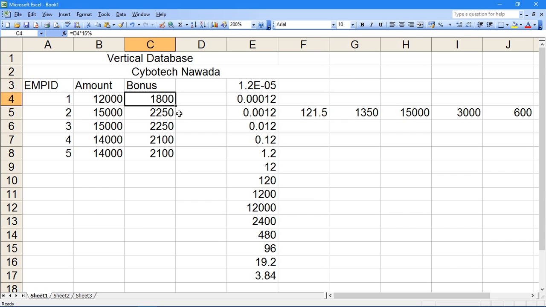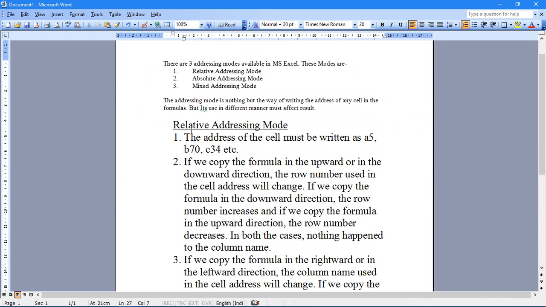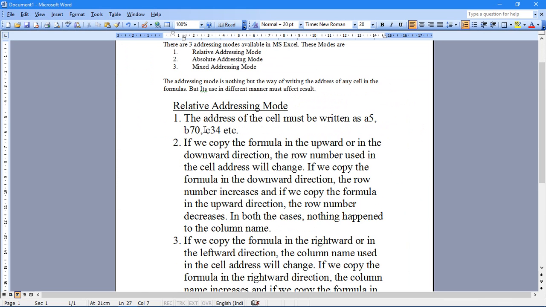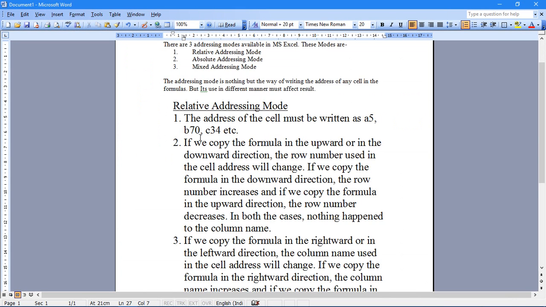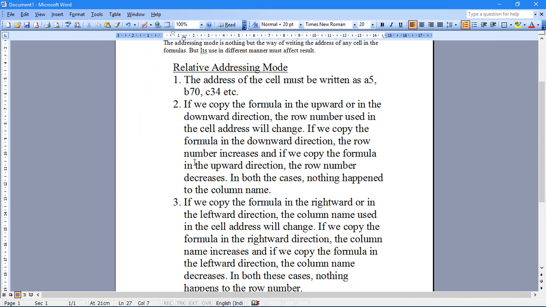But not all the times this is very much supportive. That is what I'm trying to say. But at present I'm focusing on the relative addressing mode. This is the relative addressing mode.